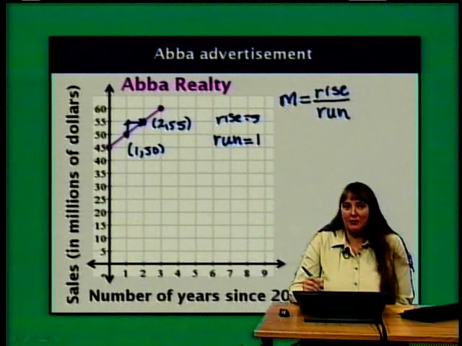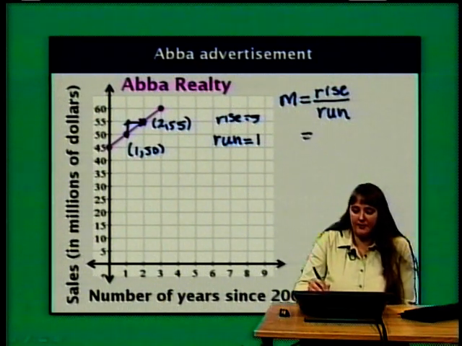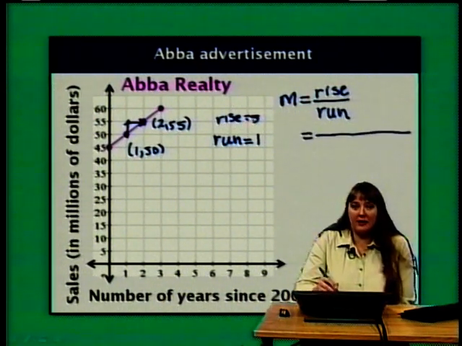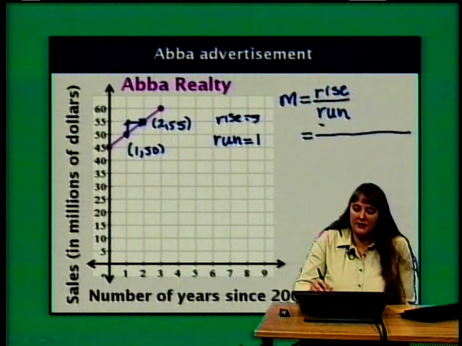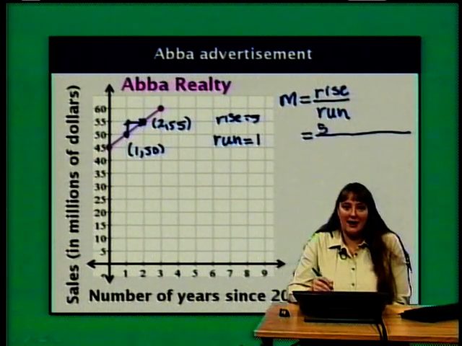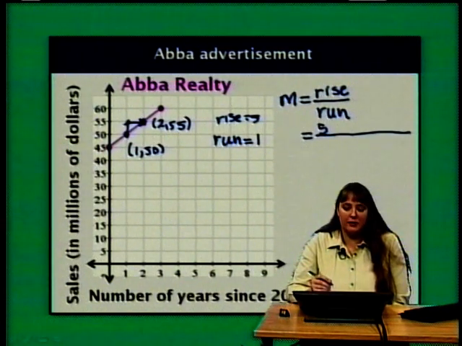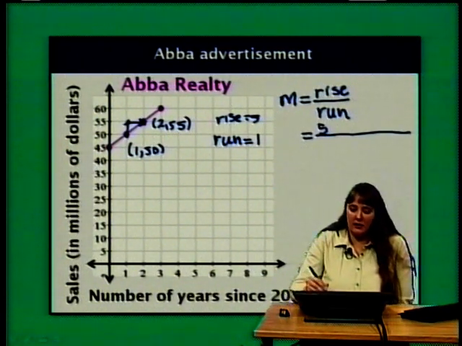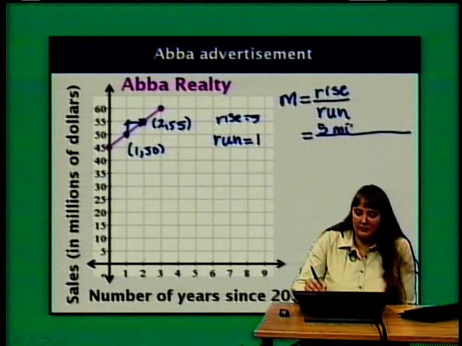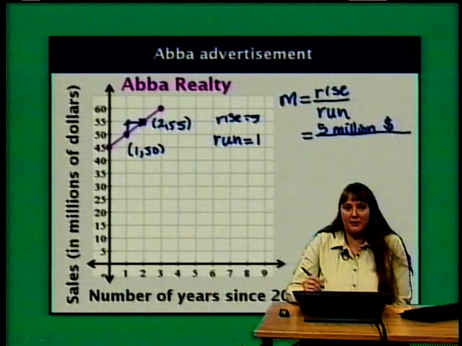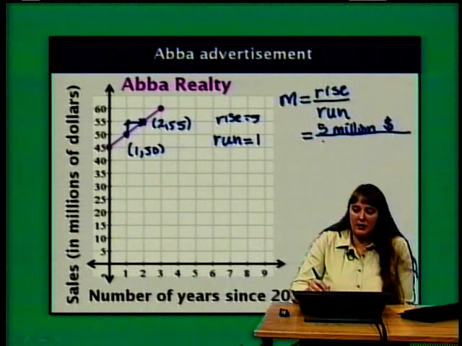I have an application problem again. I'm looking at an advertisement, so I want to pay attention to the units. Instead of just writing 5 for my rise, I'm going to look at the vertical axis and see what the units are. The vertical axis represents sales in millions of dollars, so my units are $1,000,000. So I have $5 million for the rise, and then my run is 1.